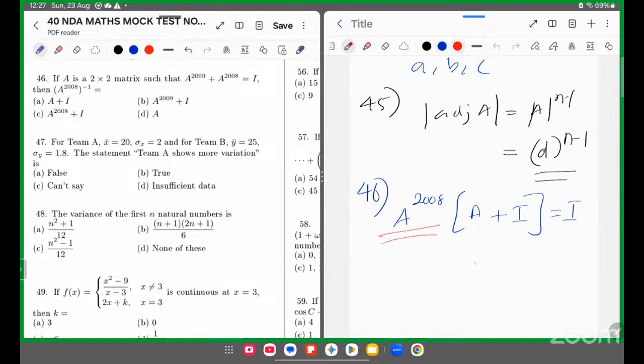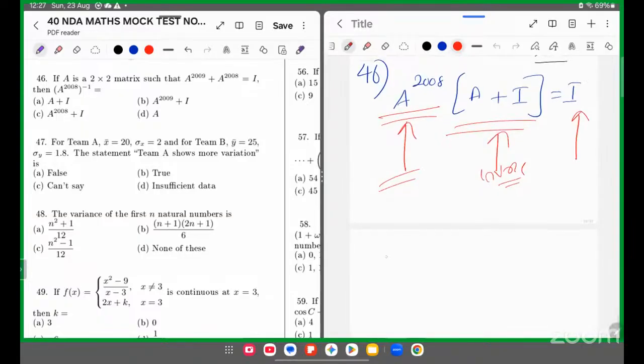If a matrix is multiplied with another matrix and you are getting an identity matrix, we can say that the inverse of this one is this one. This is the normal matrix and this will be the inverse. If you multiply a matrix with its inverse only, then we'll be able to get the identity matrix.